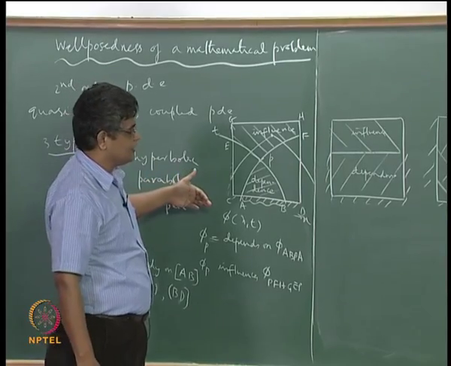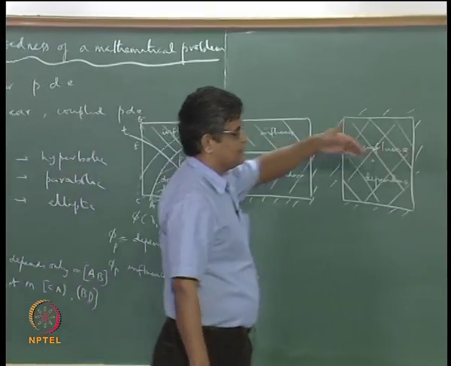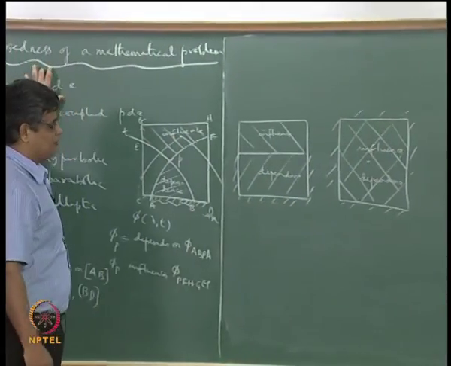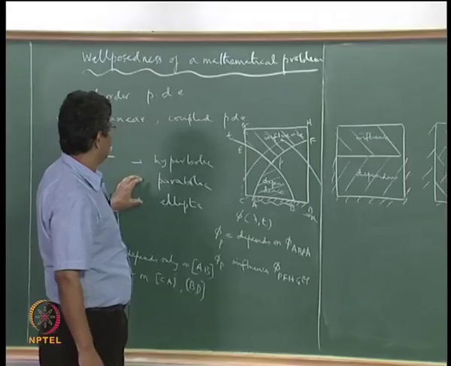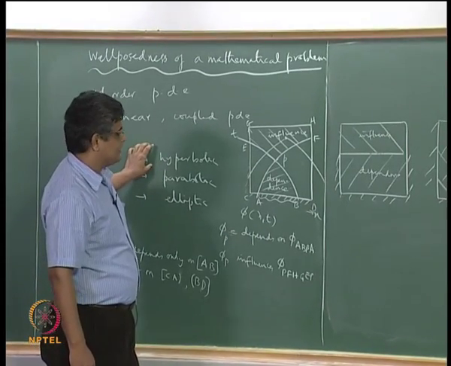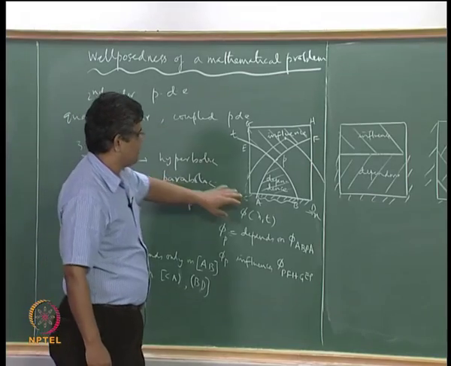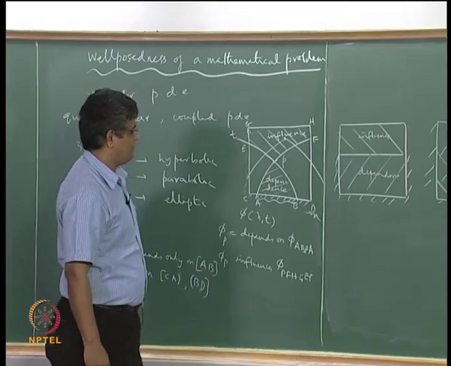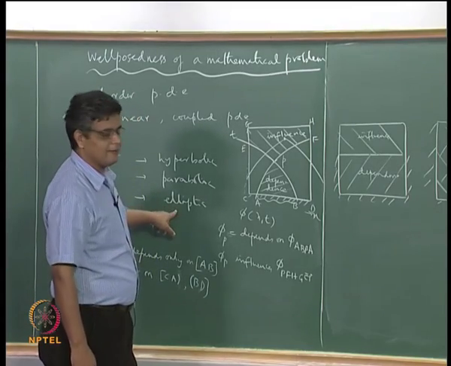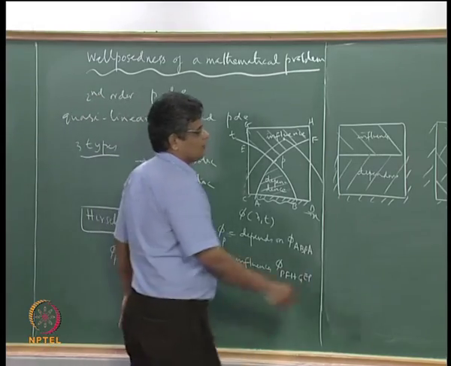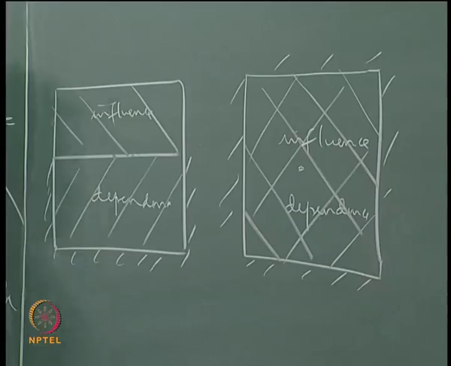Now this has an implication on the specification of the initial and boundary condition for well-posedness of the problem, because if you are solving a hyperbolic problem then it is necessary to take into account only that part of the initial and boundary condition which will be influencing the value, and if you are solving an elliptic problem you should not attempt to solve the problem without specifying all the boundary conditions.